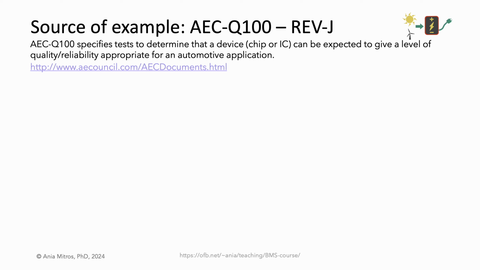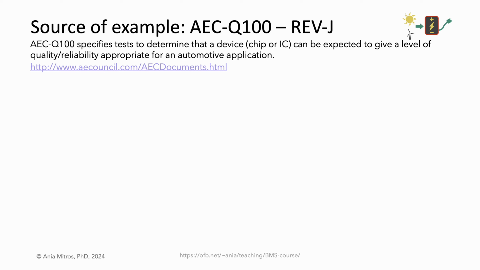I chose this example directly from the AEC-Q100 document. AEC-Q100 is a specification from the Automotive Electronics Council. It specifies tests to determine that a device, meaning a chip or integrated circuit, can be expected to give a level of quality or reliability appropriate for an automotive application.